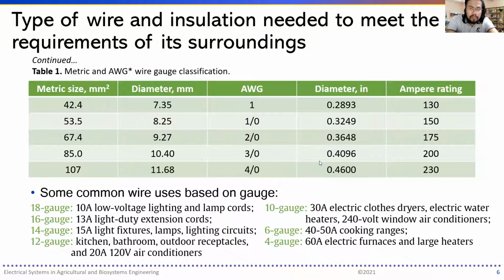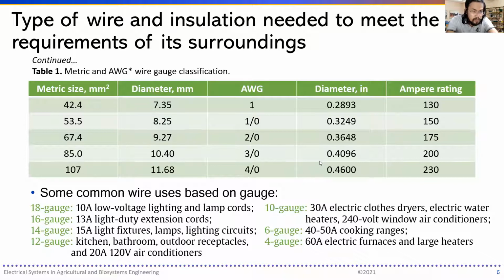The 18 gauge is particularly usable in 10 ampere ratings for low voltage lighting and lamp cords. You have the 16 for 13 ampere light duty extension cords. 14 gauge, 15 ampere, for light fixtures, lamps, lighting circuits.